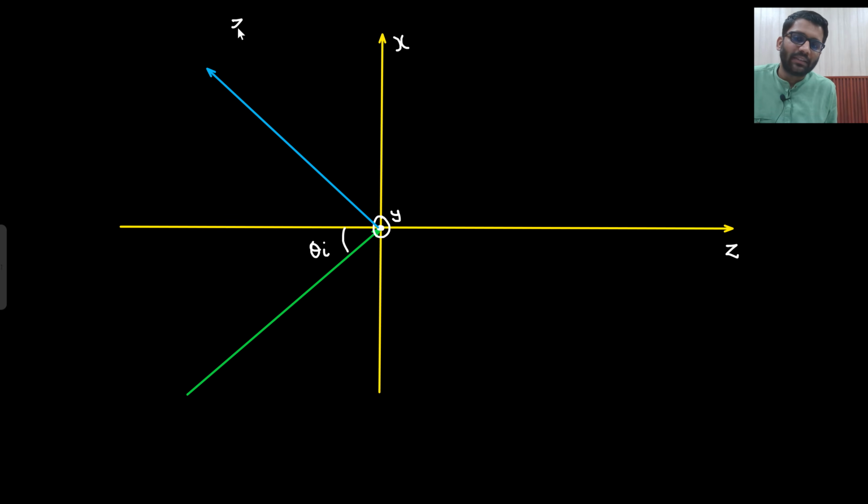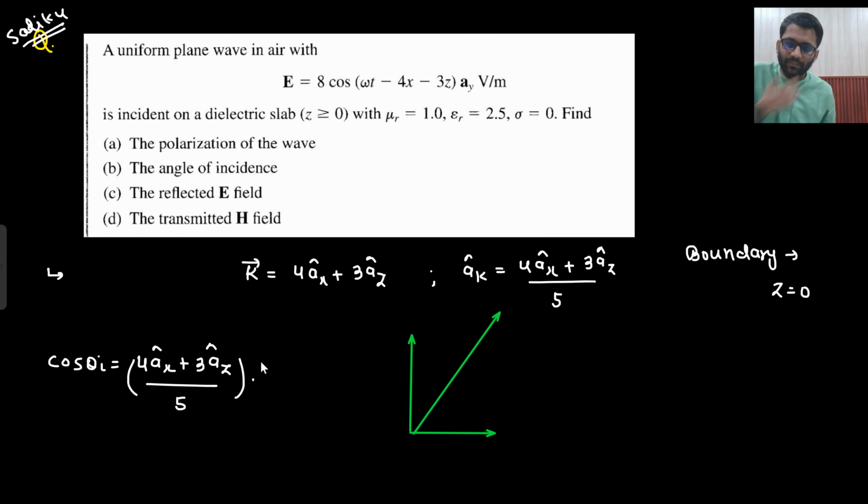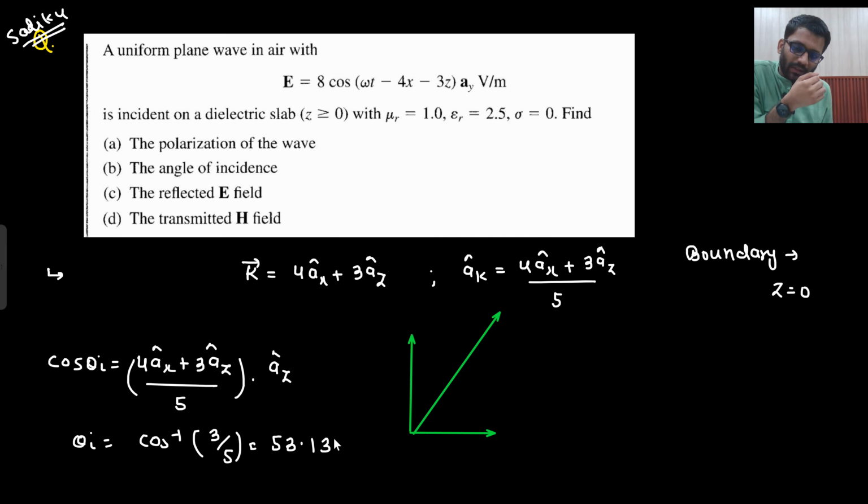You are going from z less than 0 to z greater than 0. So from here theta I would come cos inverse 3 by 5 and that would be 53.13 degrees.